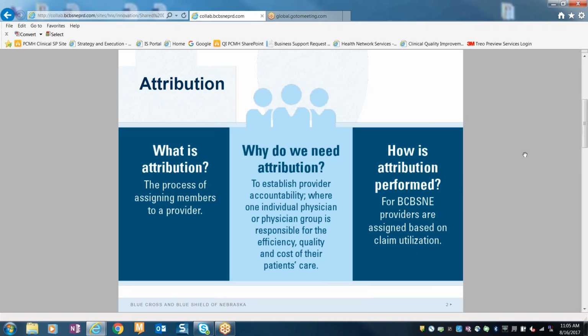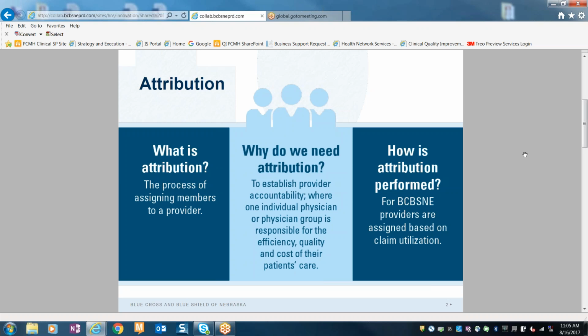So first, some really basic building blocks. What is attribution? It's assigning a member to a provider, specifically to a primary care provider. And the purpose behind that is so that we can tie that member, that patient, back to that provider. And then that provider is responsible for their care, right?